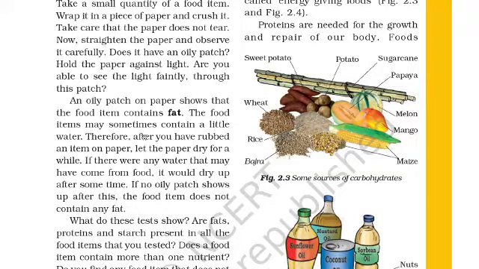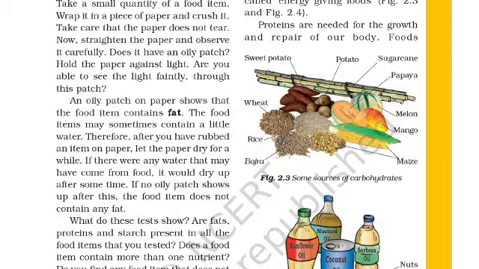The food items may sometimes contain a little water. Sometimes a little quantity of water is present in food items. Therefore, we have to rub the item on paper and let the paper dry for a while. If any water has come from the food, it will dry up.